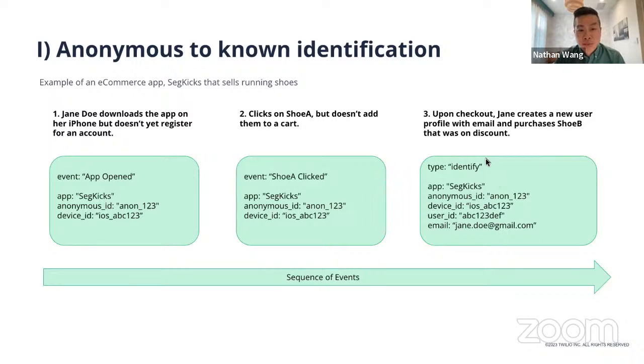And this way, the app's marketing team can begin to map out Jane's customer journey and understand her preferences. So suppose shoe A eventually goes on sale. Jane didn't buy it the first time around, but SecKicks can now potentially retarget Jane with a highly personalized email, letting her know that shoe A is now on sale, given that she expressed interest previously.